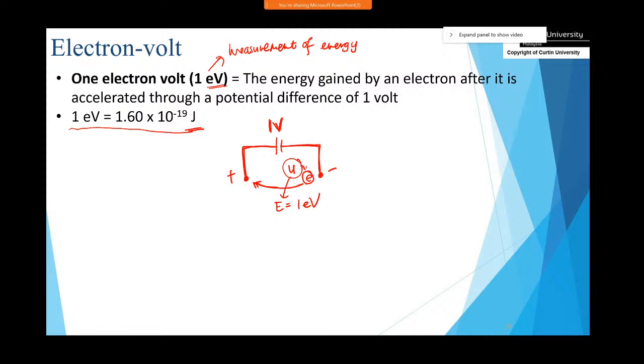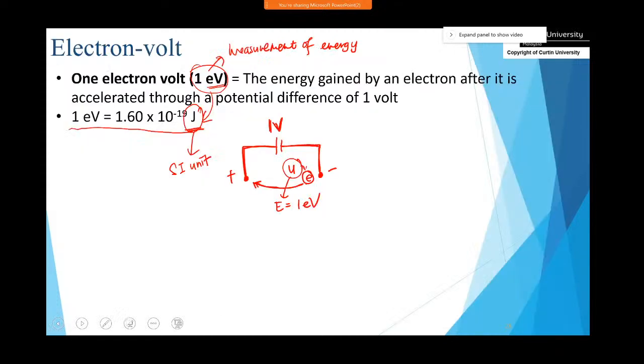Alright, so you just have to treat it as a unit conversion only. If the question gives you the energy in terms of electron volts, just convert it into joules, because again, joule is the SI unit of energy.